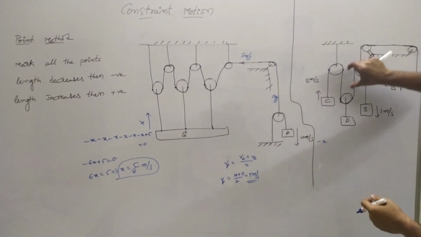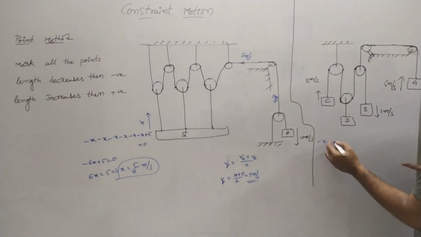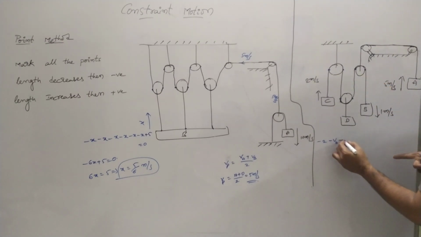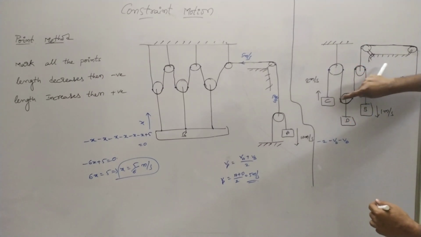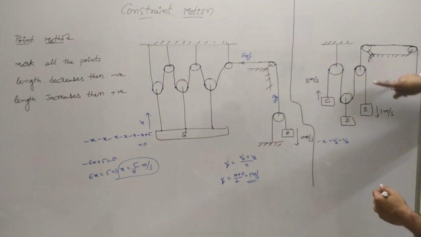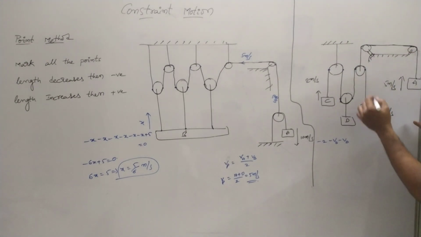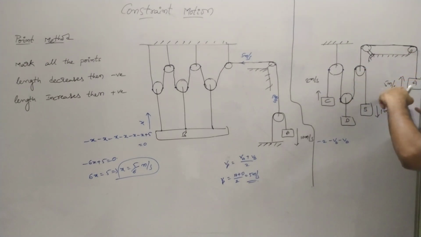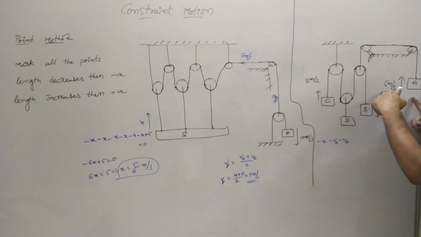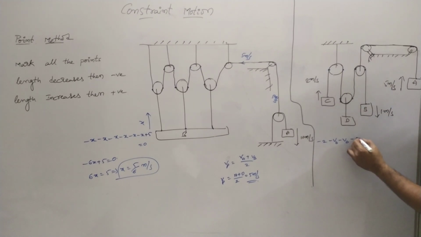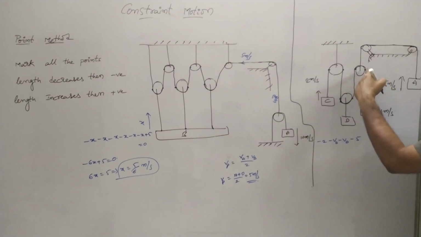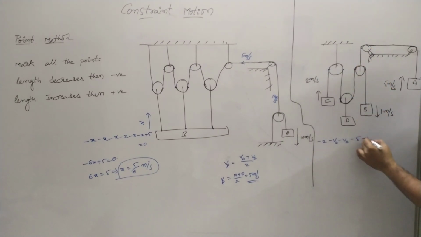And here this length also decreases and it is represented as a minus V suffix D. We have represented these 2 points based on the length, whereas at this point as the block is moving with a velocity of 5 meter per second, this string also possesses the same velocity. So here we represent it as a minus 5 at this point, as well as a minus 5.